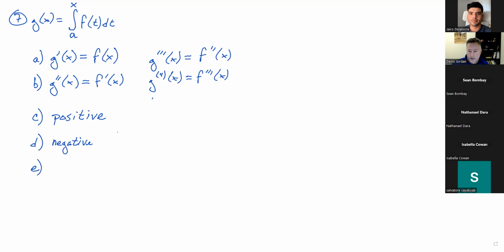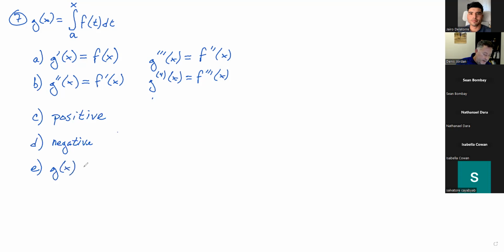Okay, so then for E, G is concave up when the second derivative of G, or the first derivative of f, because they're equal, is... Is that increasing? Not increasing. Decreasing? I always mess these up.